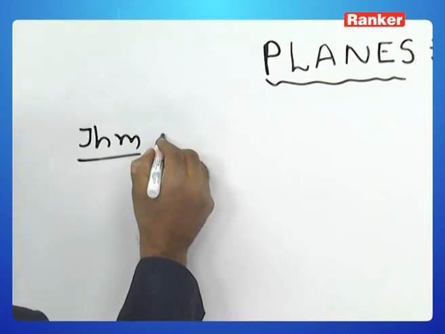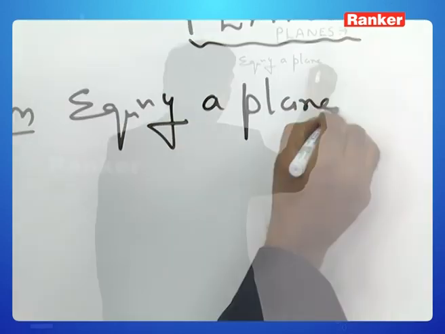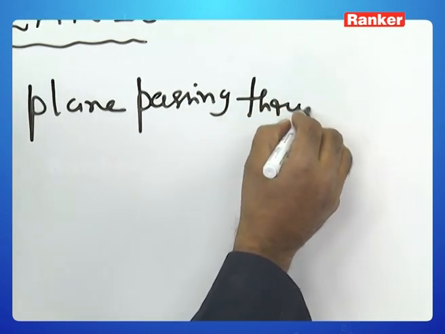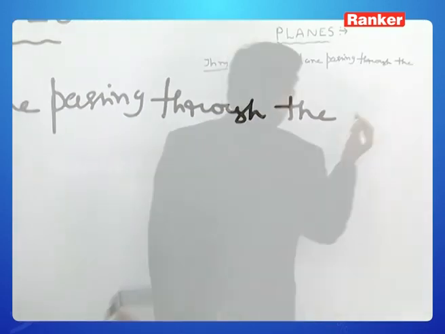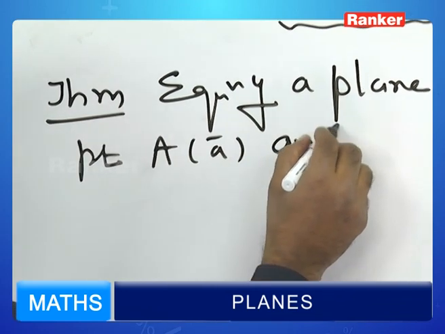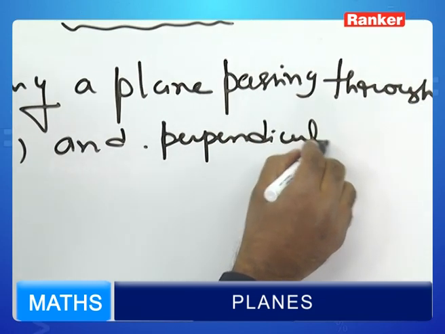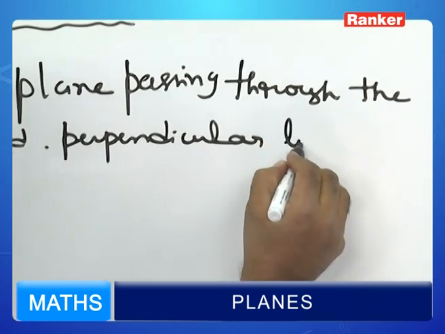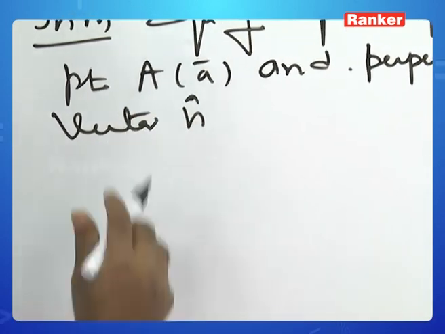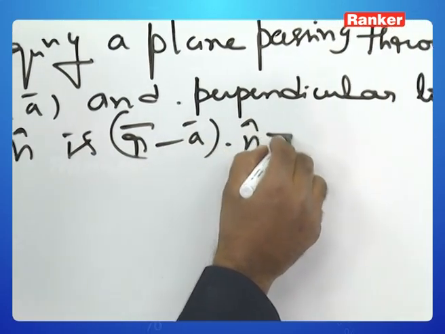The another one is the equation of a plane passing through the point A of a bar and perpendicular to the vector n cap is r bar minus a bar dot n cap is equal to 0.